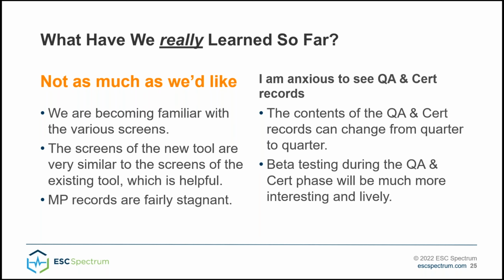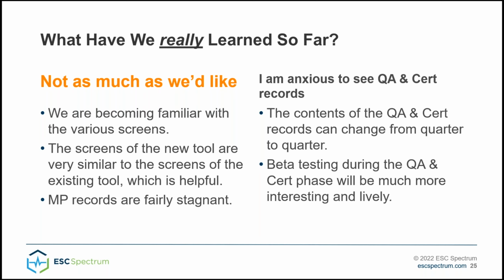And as a comment, I just want to add that the monitoring plan records are fairly stagnant, meaning that typically you need to review your monitoring plan records and make any necessary changes maybe once a year or so. Whereas the QA records and the emission records vary from quarter to quarter depending upon the QA activities you're doing that quarter. For example, you do a RADA probably once a year.